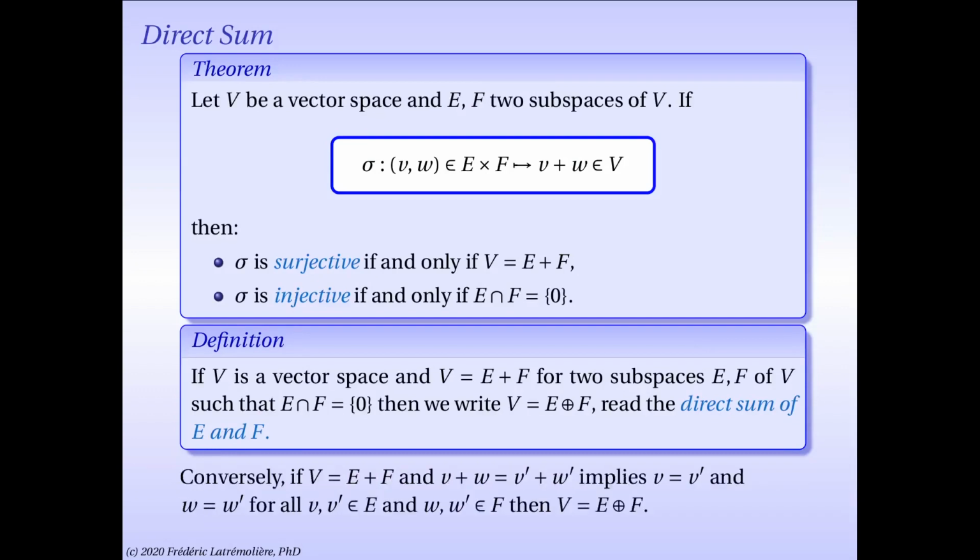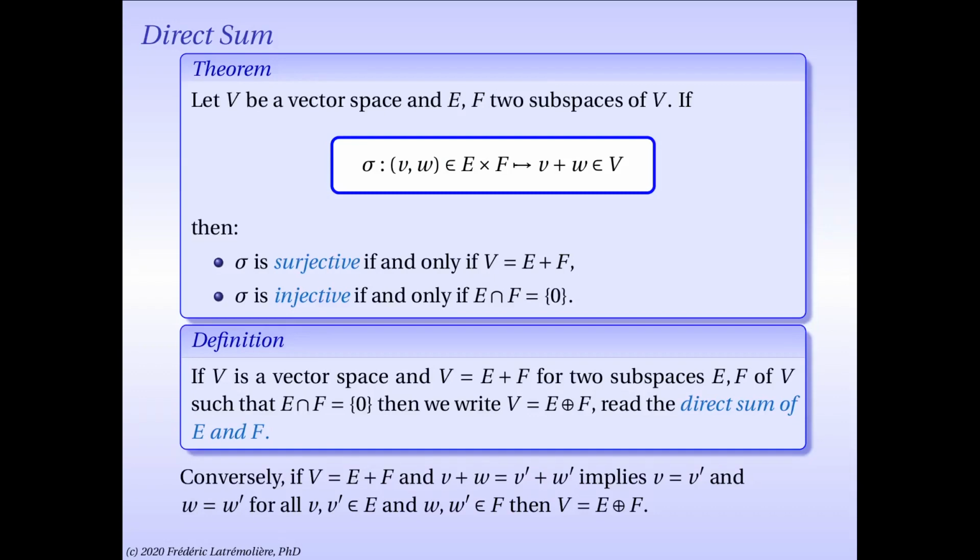Conversely, let's say now that our vector space is just the sum of two subspaces, not necessarily a direct sum, just the sum a priori of two vector spaces E and F, but we add another condition: that if you pick a vector in E plus F, you can only write it as a sum of an element of E and an element of F in a unique way.